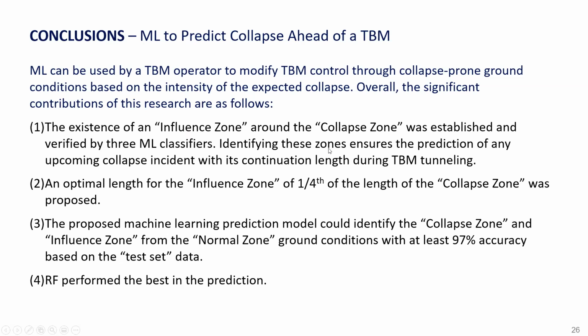This influence zone can be used to predict oncoming collapse. We found that the length of this influence zone is 1/4 of the length of the collapse zones. We are able to predict the existence of this influence zone to an accuracy of up to 97%. And of the three classifiers that we have, RF performed the best.